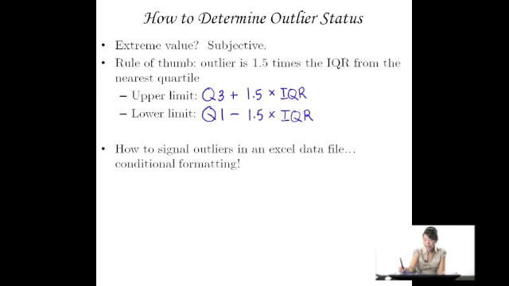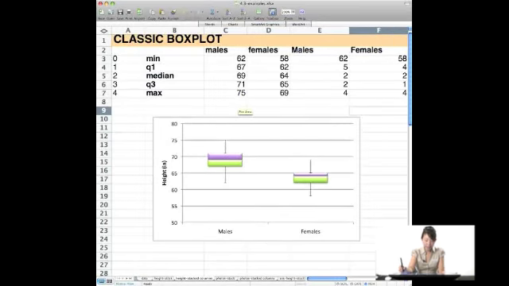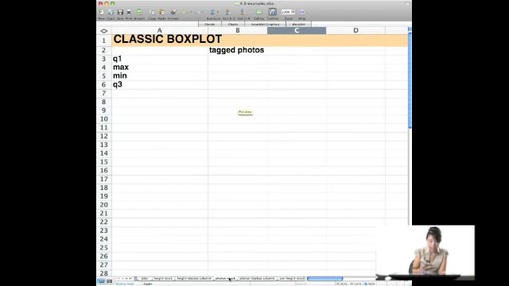So go ahead and click on your example spreadsheet, Excel file, again, and let's look at photos. All right, so photos, if you remember from our previous frequency distribution visualizations, tends to be a skewed distribution.